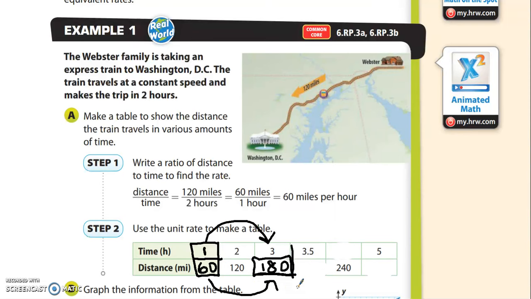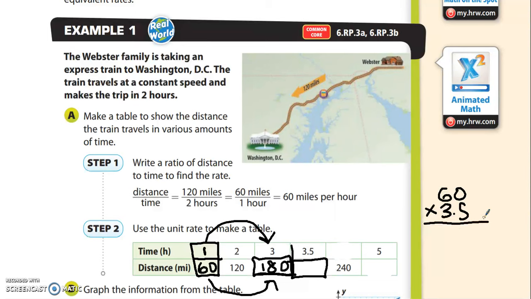Or the other way to figure it out is to know that the distance is always 60 miles per 1 hour. So really all of the terms in the second row here are just going to be 60 times what they are in the first row. So this missing information right here would simply be 60 times 3.5. You could probably do that mentally.